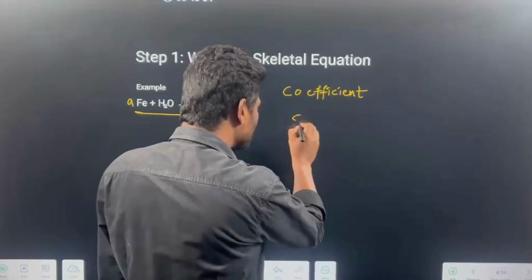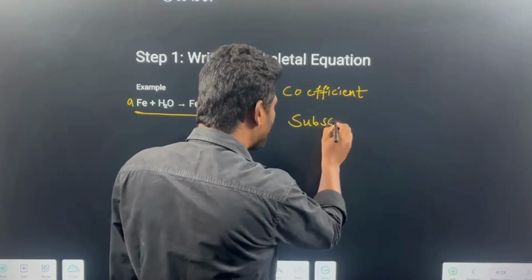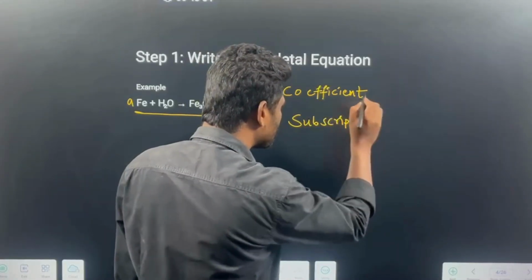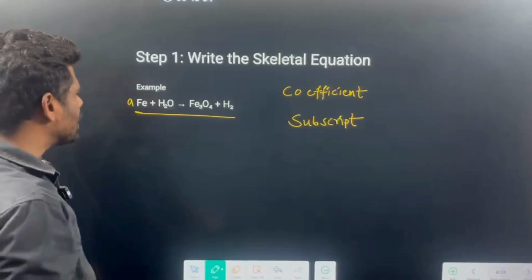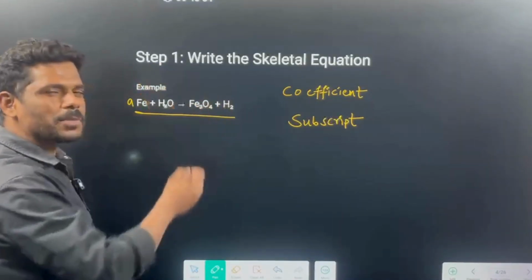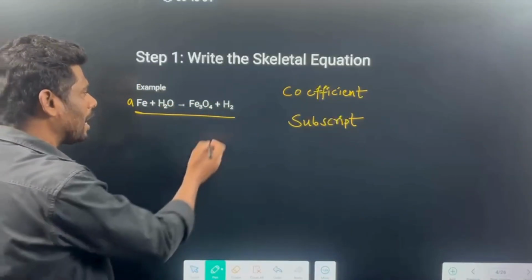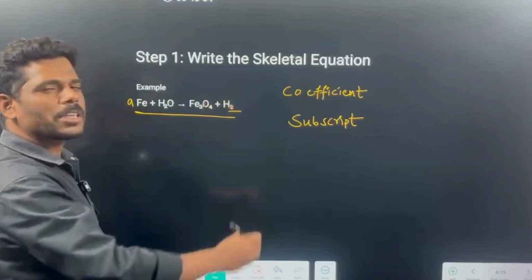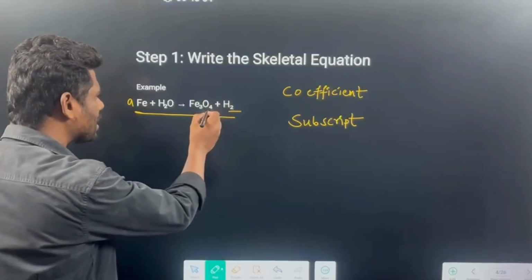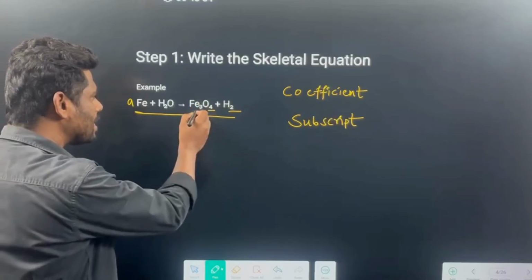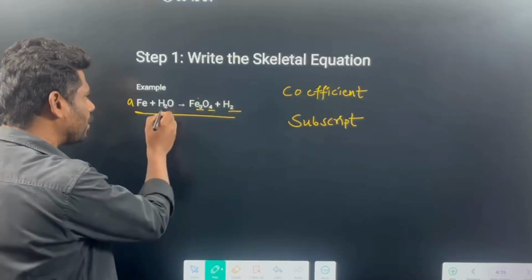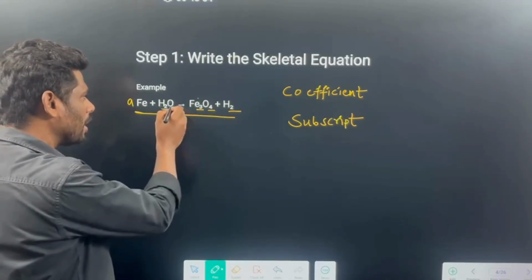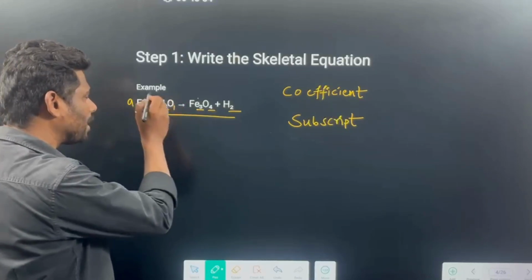Other than this, there is another number called a subscript. You can see there are different subscripts in the equation, for example 2 is the subscript for hydrogen, 4 is the subscript for oxygen, 3 is the subscript for iron here and 2 is the subscript for hydrogen. If there is nothing, definitely the subscript is 1.